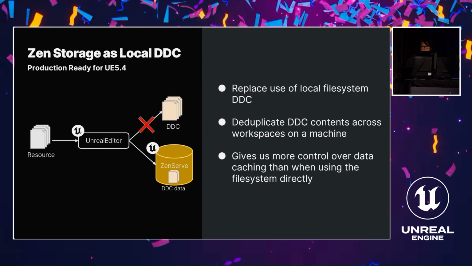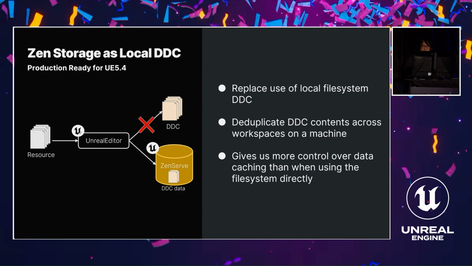Let's also look at how Zen Server behaves. This image shows Zen Store acting as a local DDC. When disabled, it runs as an alternative to the local file system, which is time-consuming in terms of file I/O performance.